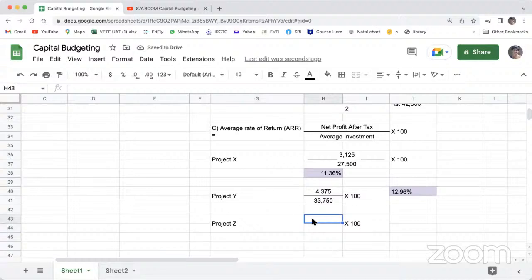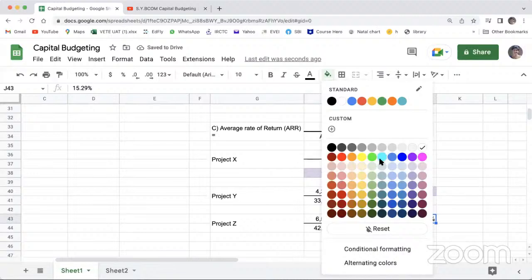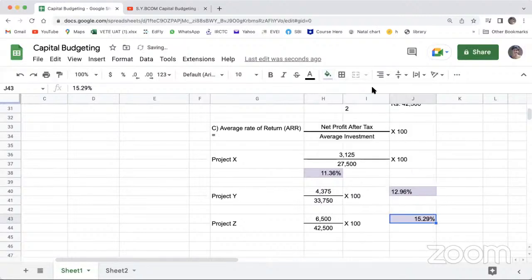Its net profit was 6,500, Miss got late today. 6,500 divided by 42,500. That shows that you all are writing the answers, which I am happy about. Answer is coming as 15.29, no? Percentage. Okay, so let's color it up. Okay, we have colored it now.